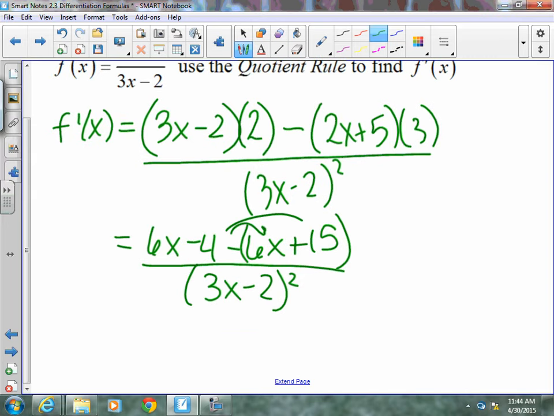Distribute your negative, combine like terms, and we end up with negative 19 over 3x minus 2 squared as our derivative using the quotient rule.